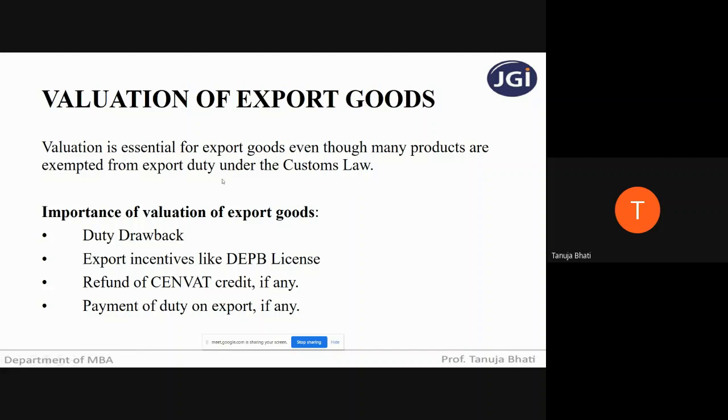Now, importance of valuation of export goods. Why is valuation of export goods very important? Because of duty drawback, because of export incentives like the license to get a refund of input tax credit and payment of duty on exports, if any.